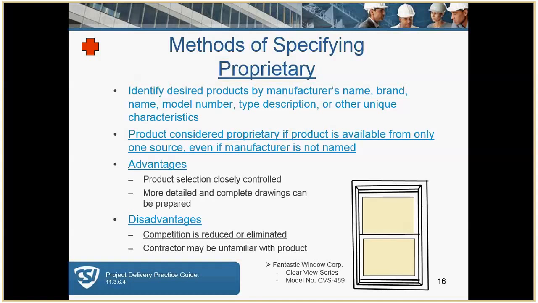Not exciting, but it says what it says, and you established that basis of design. That's what it's going to be, and it really serves as a benchmark for other products that might be submitted for approval, those that would be comparable, if you have an open proprietary spec.